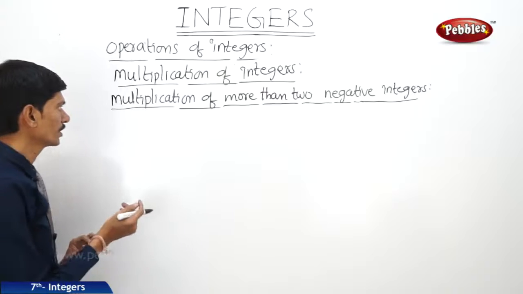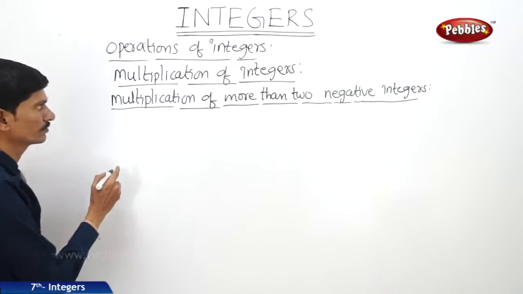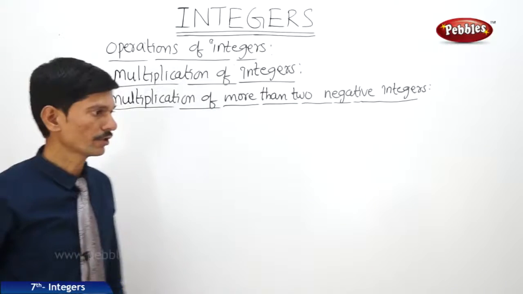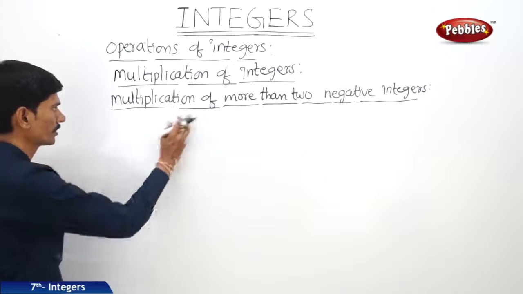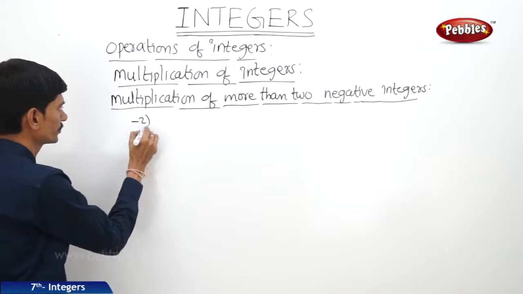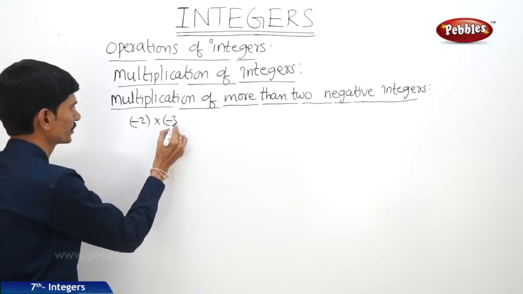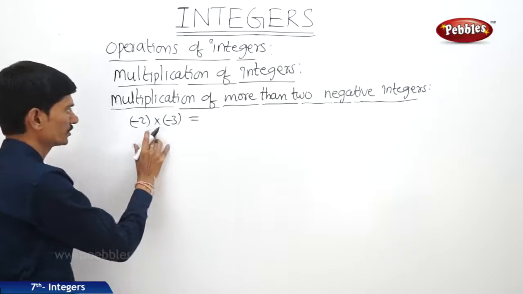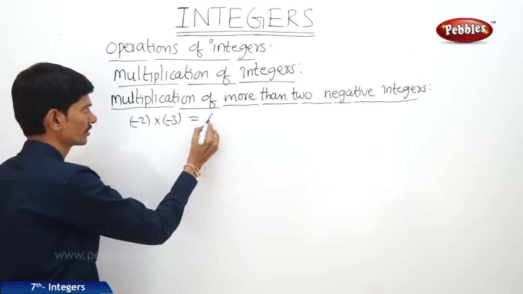For example, when you multiply two negative integers. Now let us multiply the two negative integers first. So when minus 2 is multiplied by minus 3, then the product is a positive integer, that is 6.